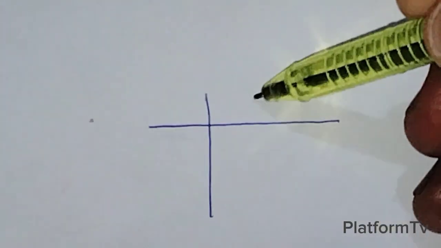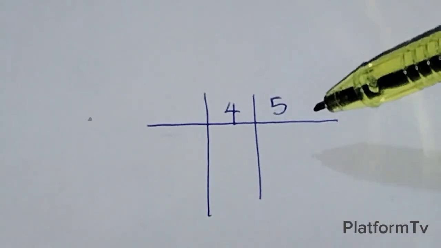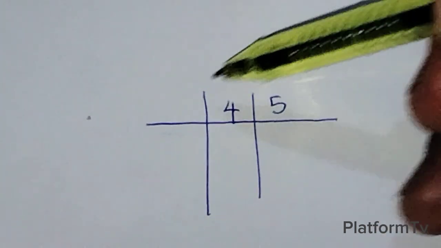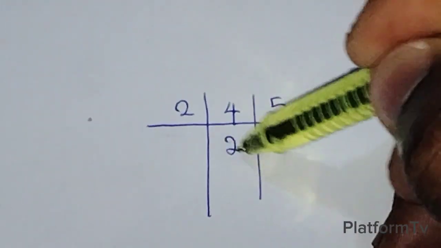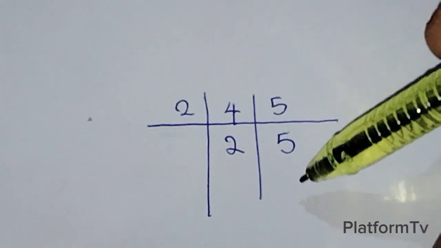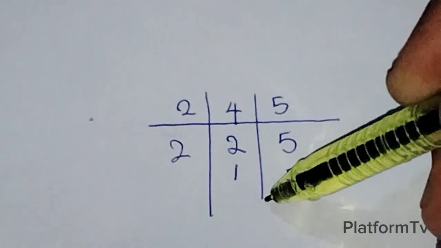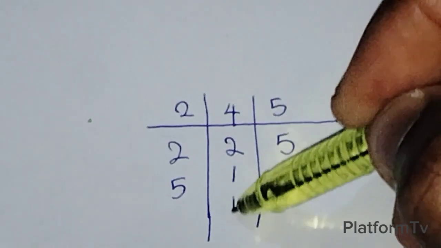I have 4 and I have 5. What can go through? Nothing can go through right now except 2 can go into 4. 2 into 4, I have a 2, bring down the 5, and then 2 again into 2, it becomes 1, bring down the 5. Then 5 into itself becomes 1.